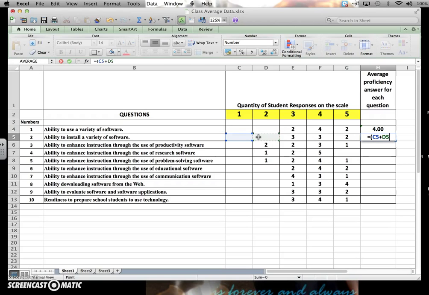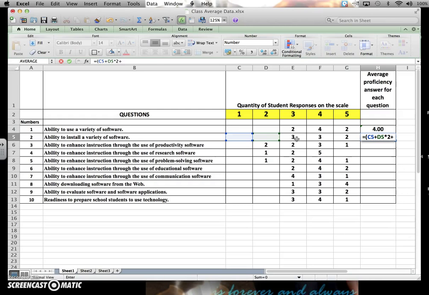Any student that answers in this is going to have to multiply that amount by 2 because each student's answer is a proficiency of 2. So at D5, I put the multiplication sign, which is the asterisk, and I multiply it by 2. Followed by that, I continue going through and just multiplying my cells by the response that they're supposed to be representing.